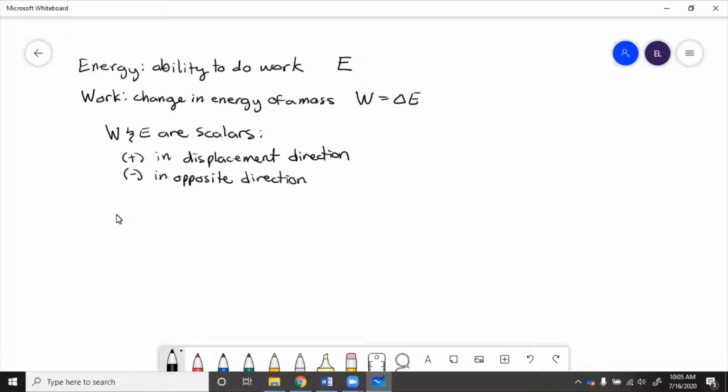Work is done when a force moves an object through a distance. So to illustrate this, let's say we have a block on a surface. There's friction on the surface. Well, if somebody is pushing on the block with a force of P, it's going to make the block move this way.